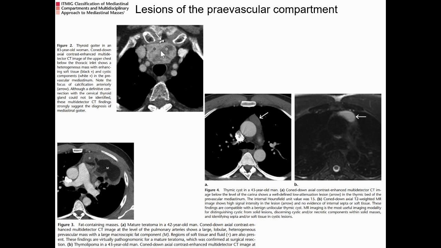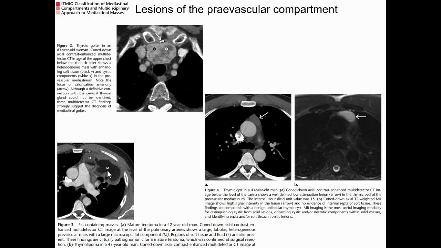By location, I would know that the thyroid gland would reside over here, or this lesion would be connected to the thyroid gland. So this is goiter, and it contains some darker areas which are cystic components and some white stuff which is a solid component. So this would be an easy diagnosis.